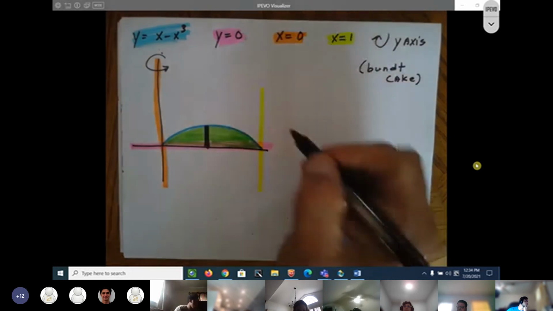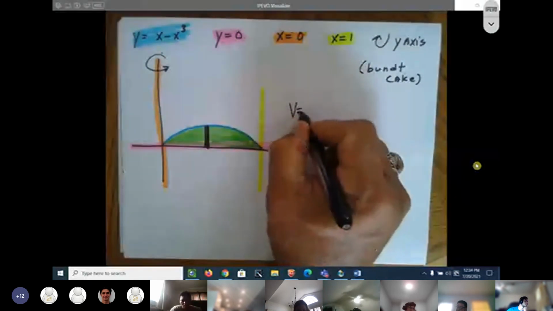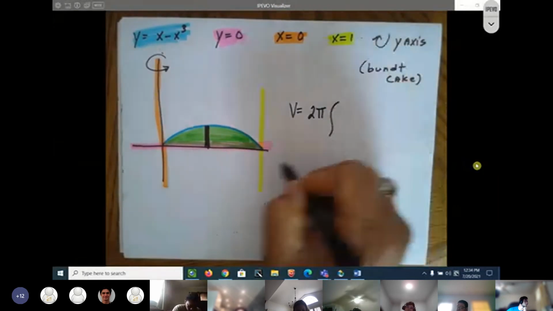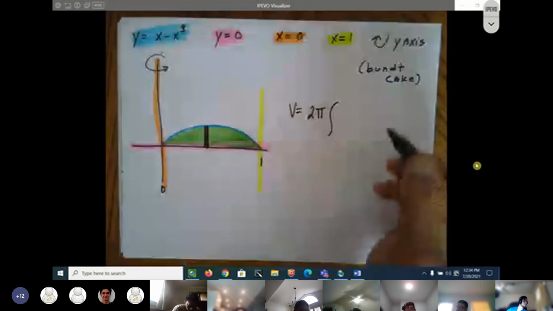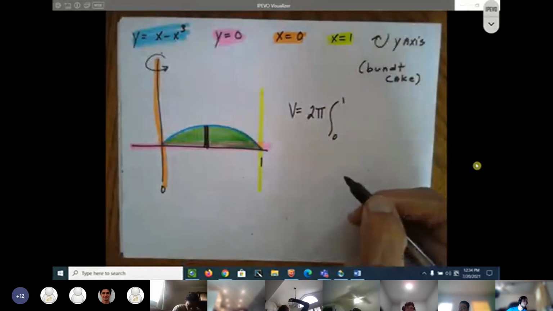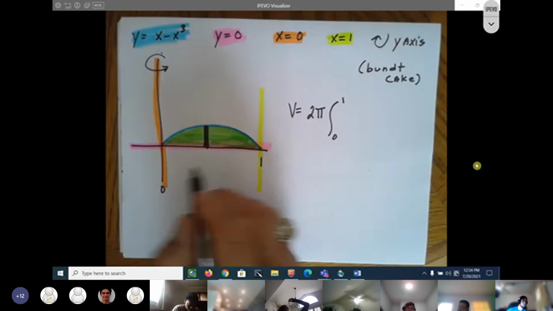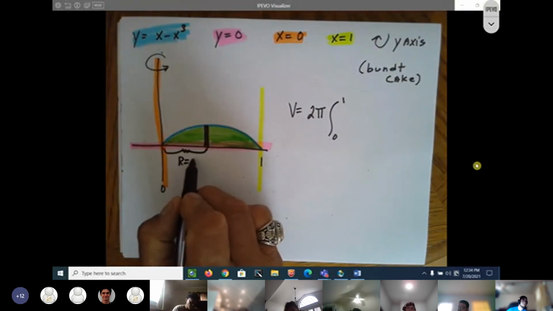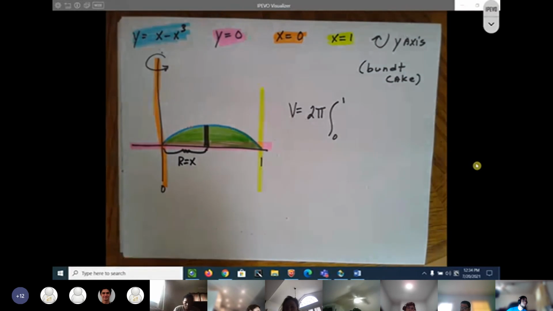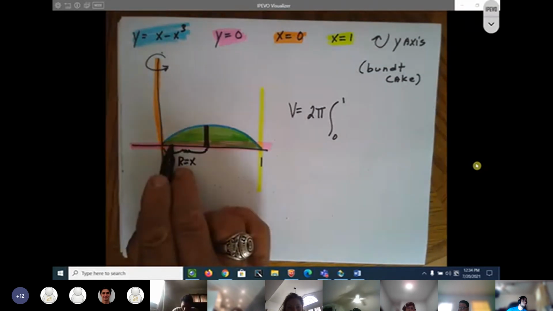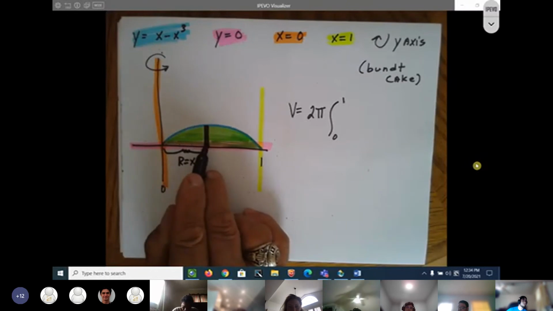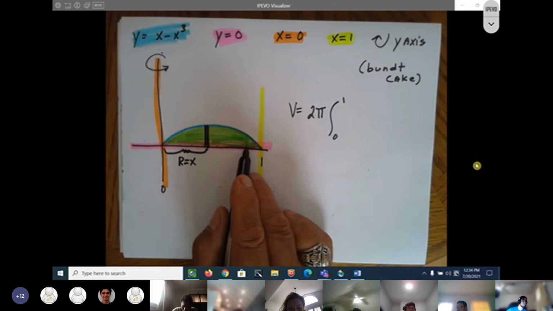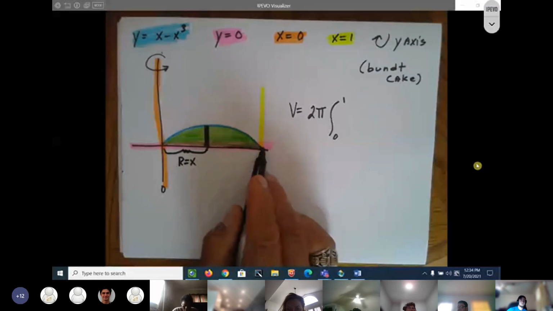And that's going to be volume is equal to 2 pi, and we're going from 0 to 1, of the radius. Radius is equal to what? X, because the radius is going from 0 to 1.